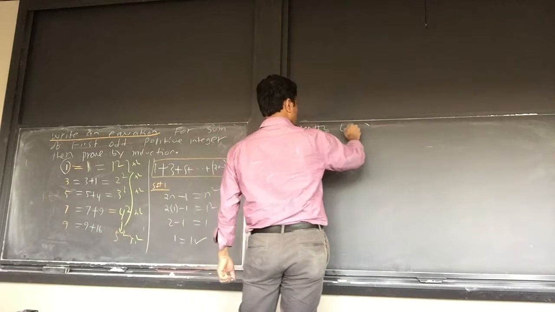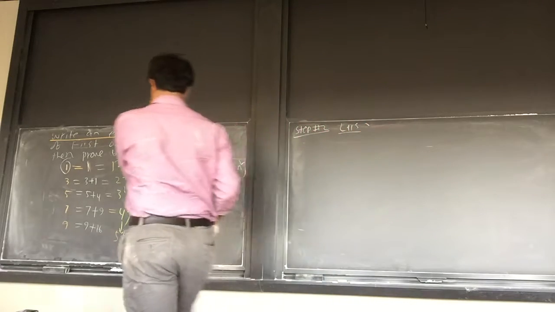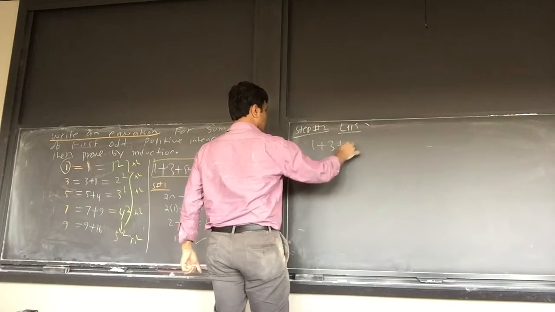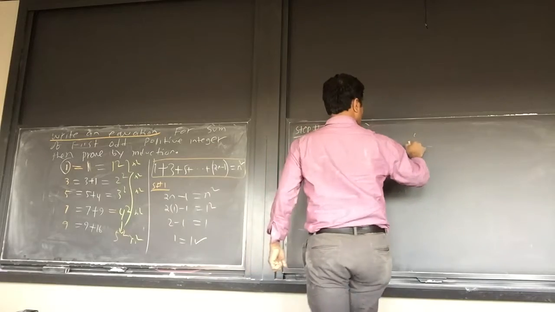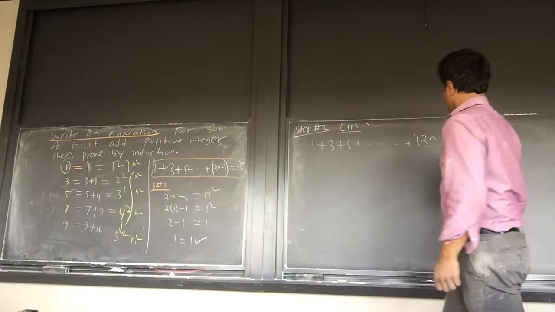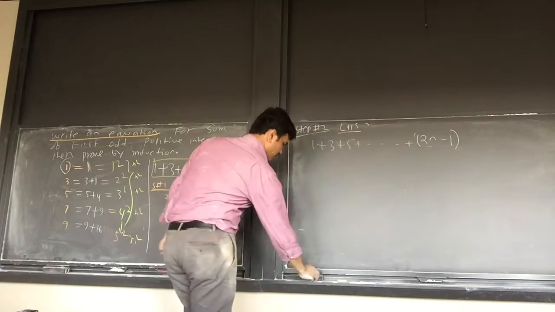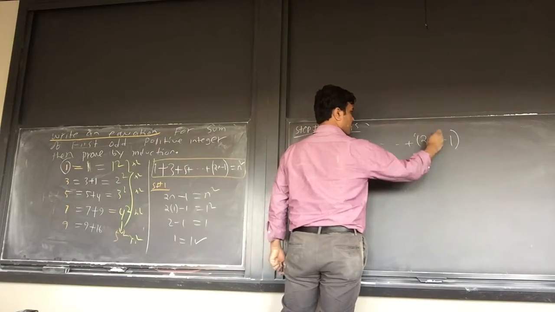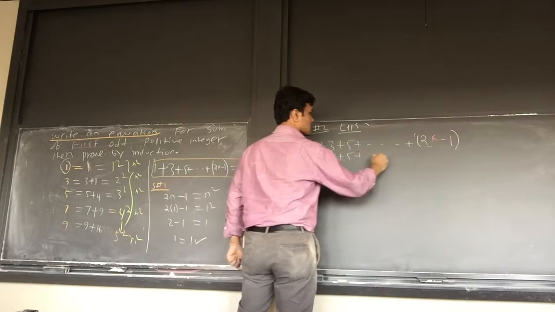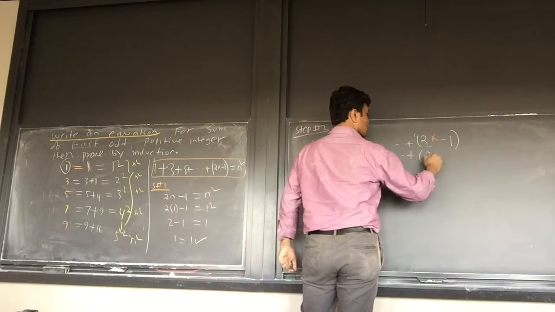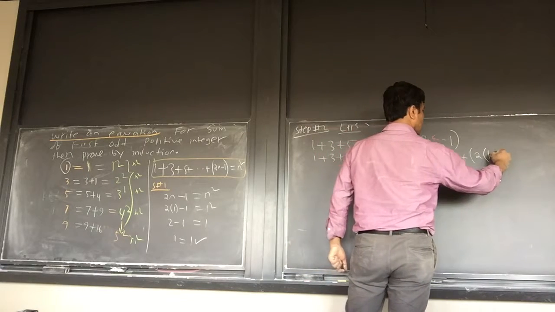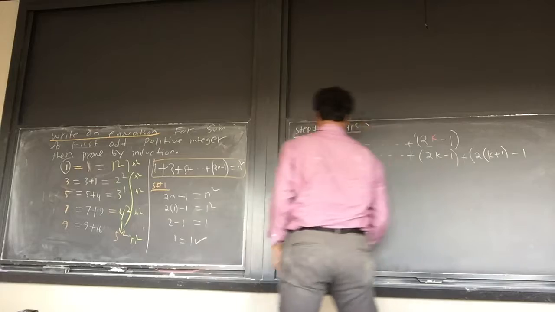Step 2, left hand side. So the left hand side is this guy, 1 plus 3 plus 5 plus up to 2n minus 1. Okay, so wherever we see n, we're gonna write k. So 1 plus 3 plus 5 plus up to 2k minus 1 plus 2(k plus 1) minus 1.